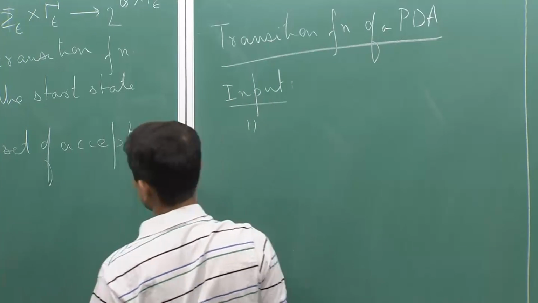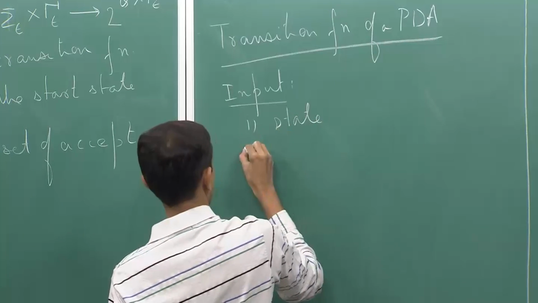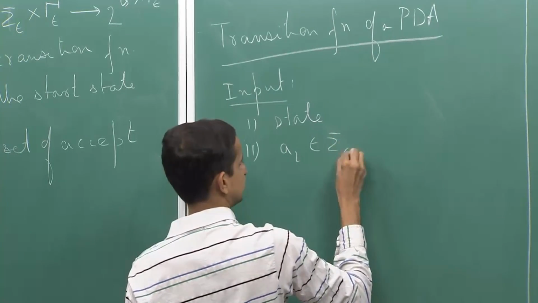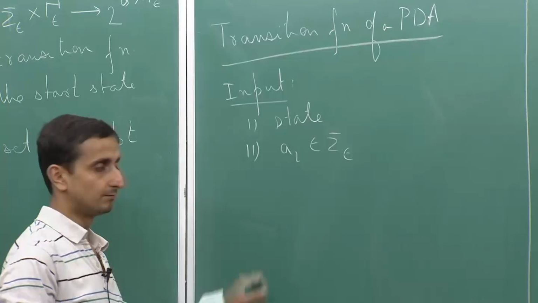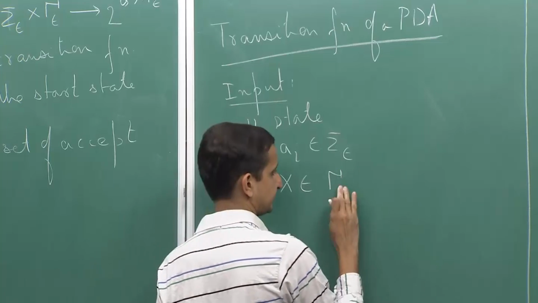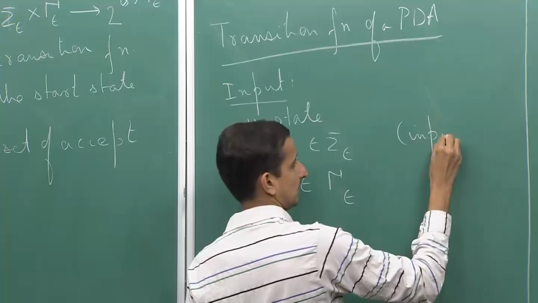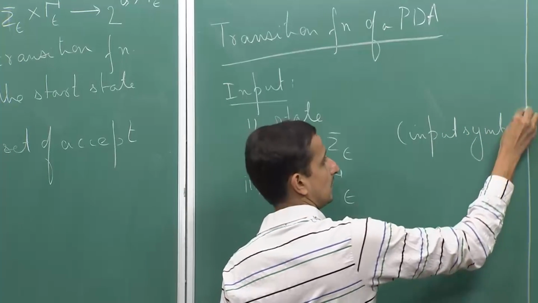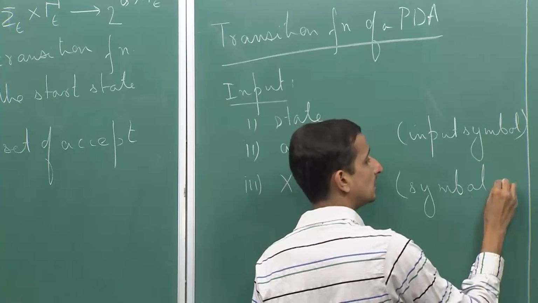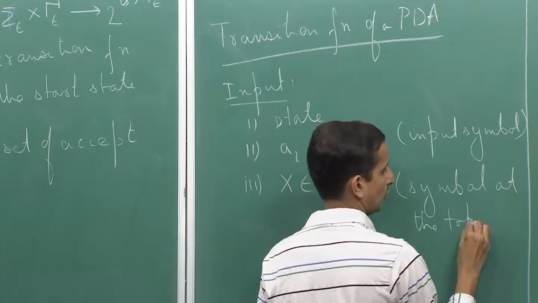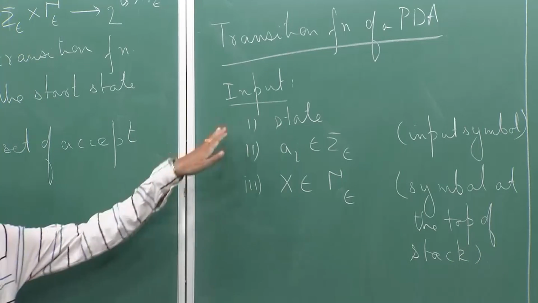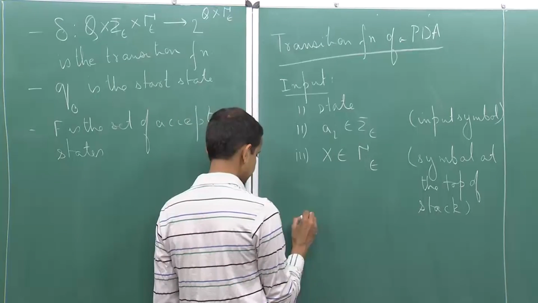Firstly it takes a state as input, it takes a symbol ai in sigma epsilon, which is the input symbol, and it reads a symbol x in gamma epsilon, which is the symbol at the top of the stack.